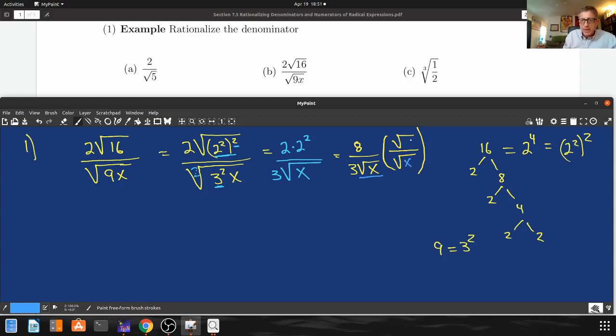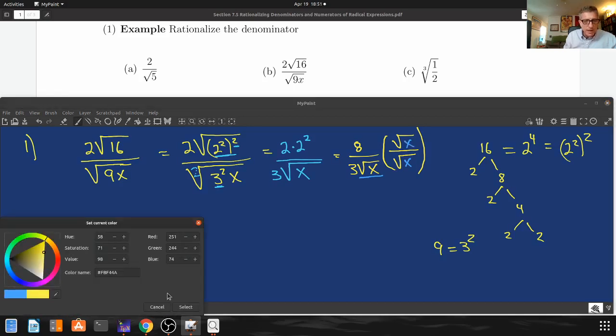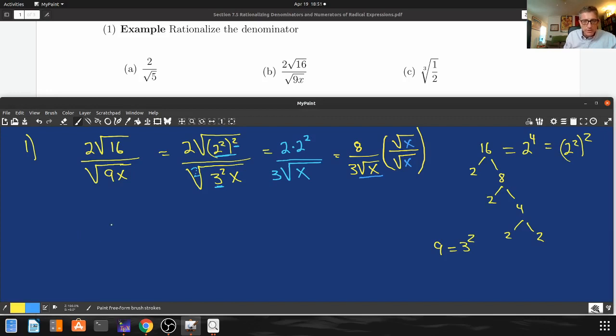So I'm going to multiply it by the square root of x on the top and the bottom. That's 1. So multiplying 8 times the square root of x, I get 8 times the square root of x on the top. On the bottom, I get 3 times the square root of x squared. Why?